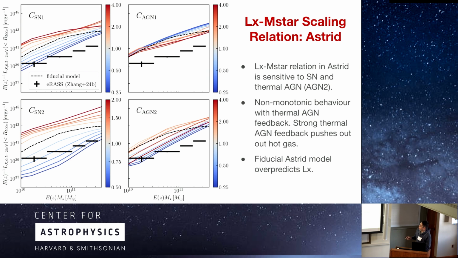And for the AGN2 here for Astrid, which represents the thermal energy feedback, we also see a sort of non-monotonic behavior, such that if we increase the AGN feedback to a very high value, it actually decreases the X-ray luminosity. We suspect that it's because the strong thermal AGN feedback puffs up the gas density too much, so it reduces the X-ray luminosity if we go to too strong AGN thermal feedback.